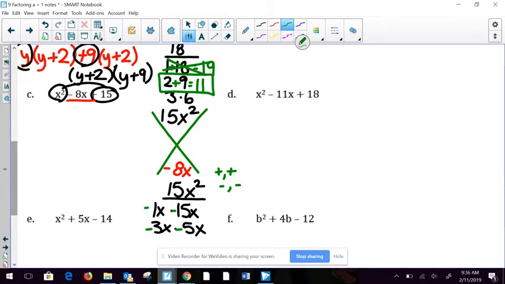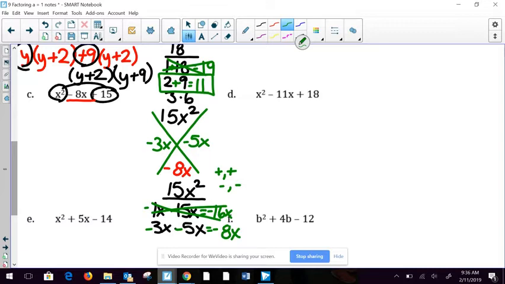Now looking at my pairs of numbers here, which ones will combine together to give me negative 8? Well, negative 1 minus 15 gives me negative 16x. That's not my right factors. But negative 3 minus 5 does give me negative 8x, and that's exactly what I'm looking for. Ding, ding, ding! I got my terms, negative 3x and negative 5x.